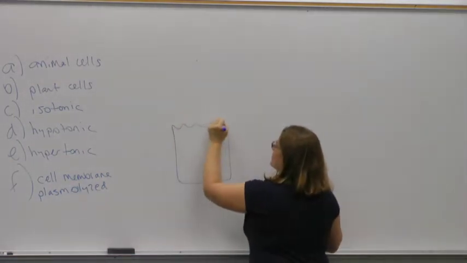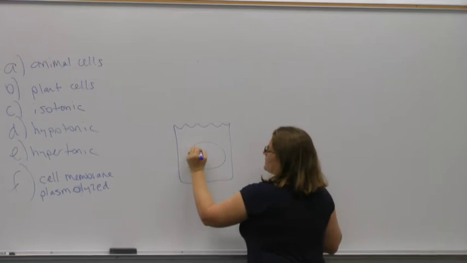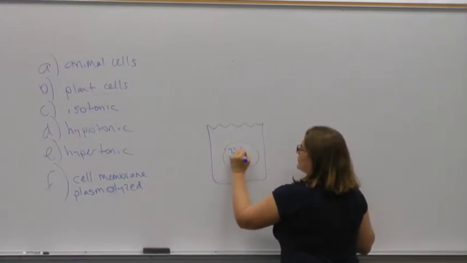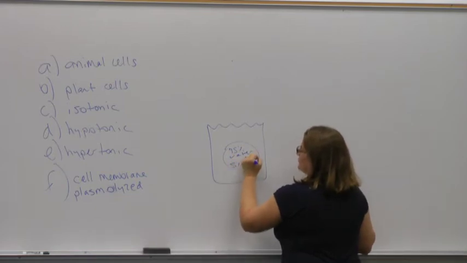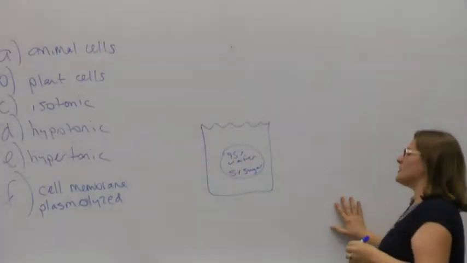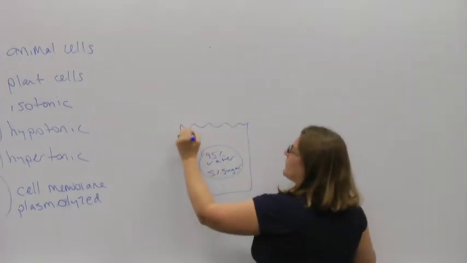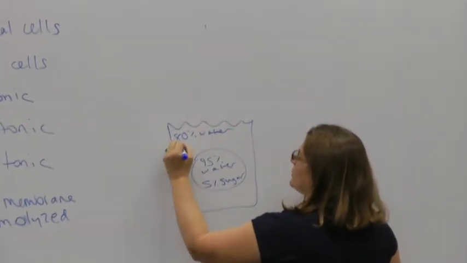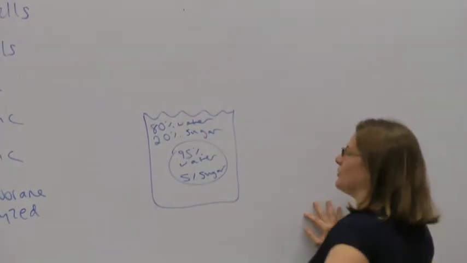So this is a beaker, and it's got a cell inside of it. And inside the cell, we have a solution that's 95% water and 5% sugar. Okay. Let's say the solution outside the cell has 80% water and 20% sugar.